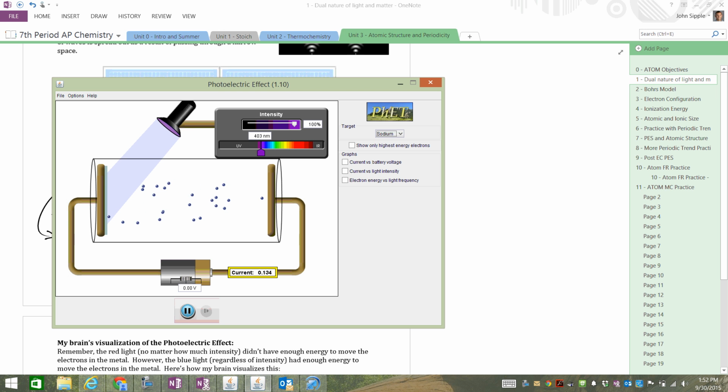And what do we get? We get electrons to move, because we get current. Current is the movement of electrons through the wire, just by shining light on the metal. So what the heck? There must be energy associated with that light, okay?